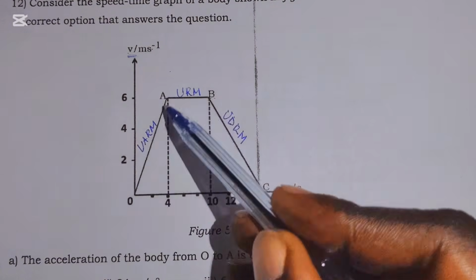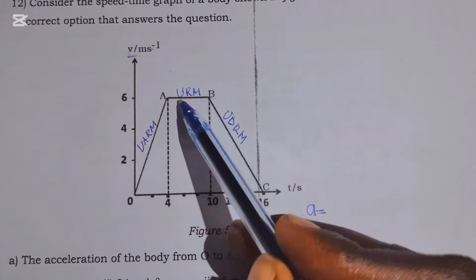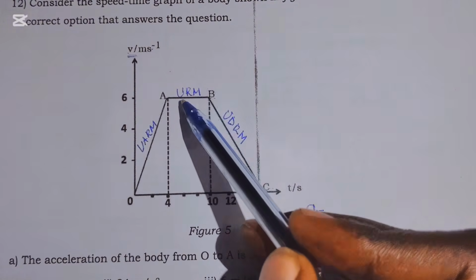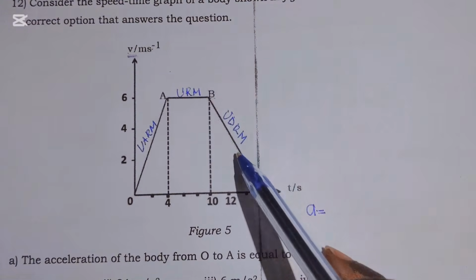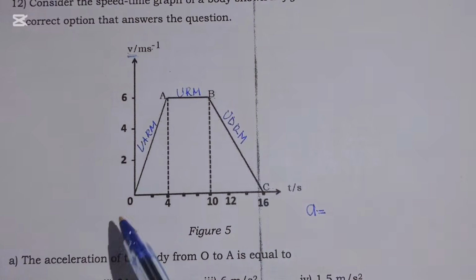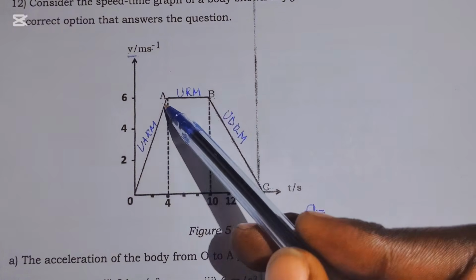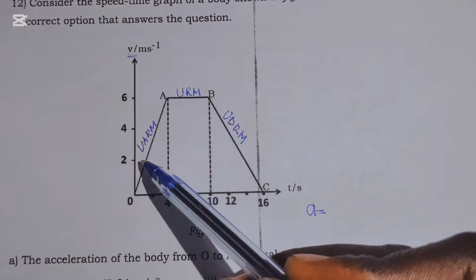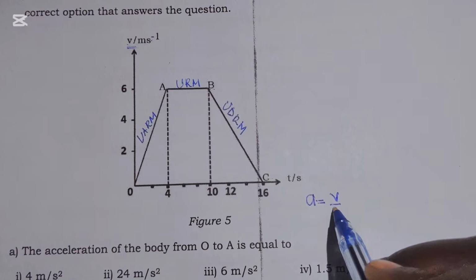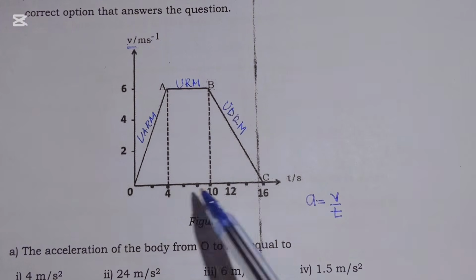Of course, in uniform acceleration we have acceleration available, but in URM there is no acceleration; it is 0. And here we have decreasing acceleration. Let's find the acceleration for the UARM motion. Acceleration is velocity over time.